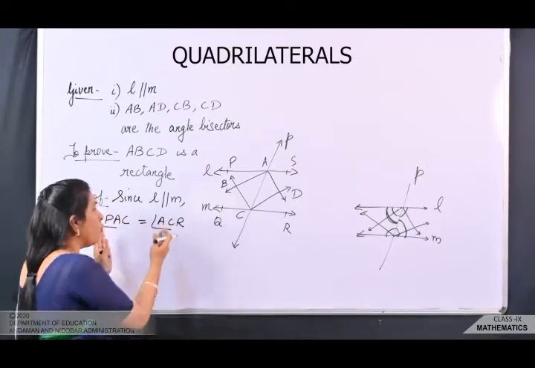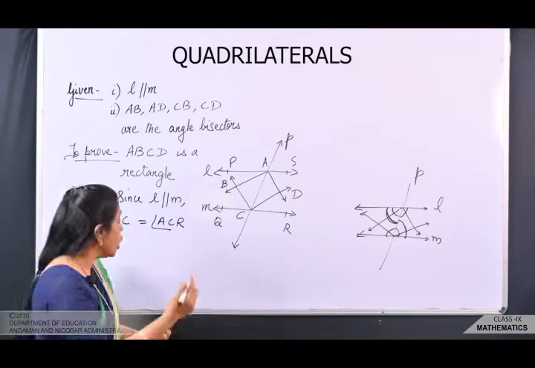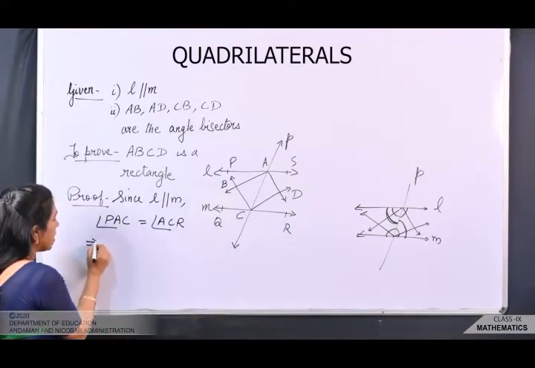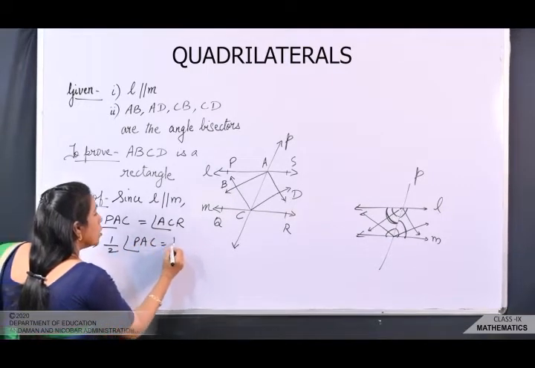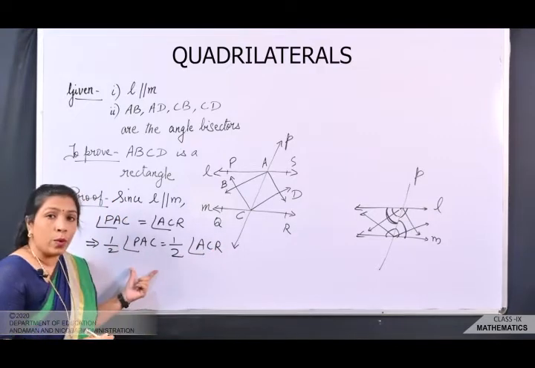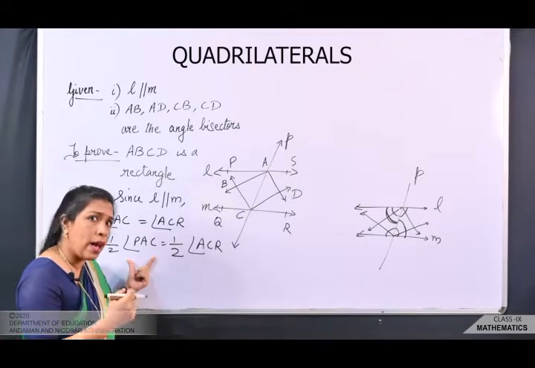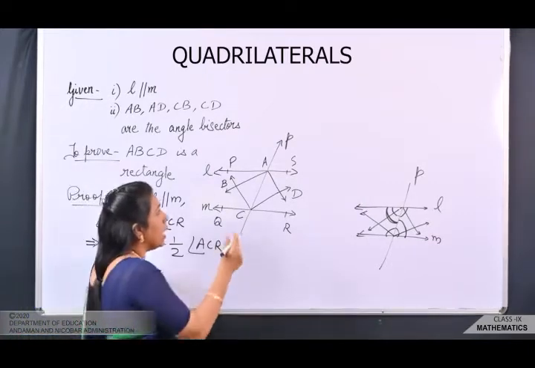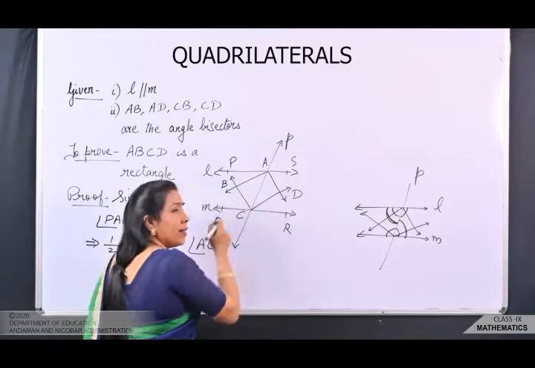Okay. Now, if both the angles are equal to each other, उनके halves भी equal होंगे. So we'll write it as half of angle PAC is equal to half of angle ACR. Okay. Now, instead of half of angle PAC, हम क्या लिख सकते हैं? देखिए, here this is the angle bisector of this full angle.